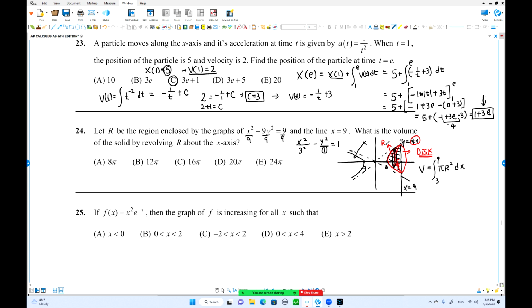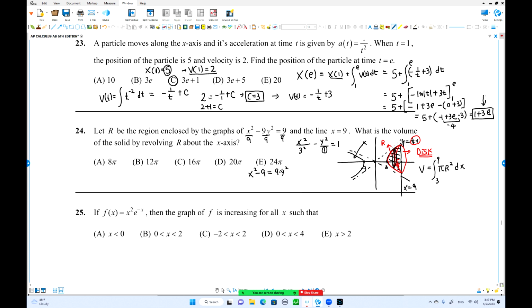So R is the value of y over here, okay? Now we're going to find y. Take a look, what is R? From x squared minus 9 equals 9y squared, okay?